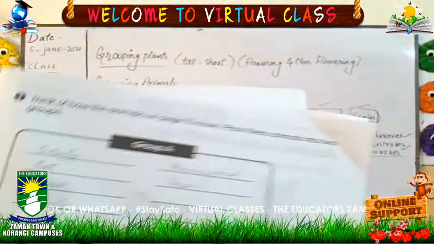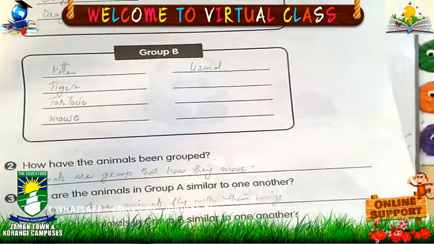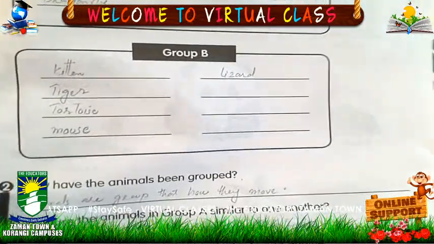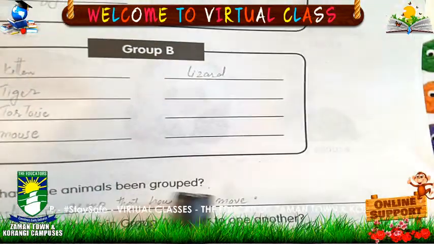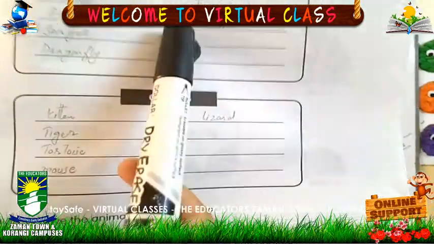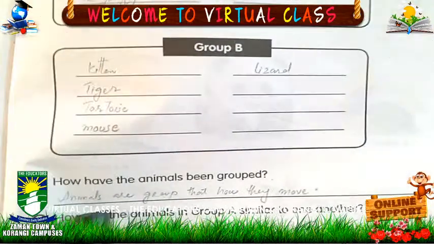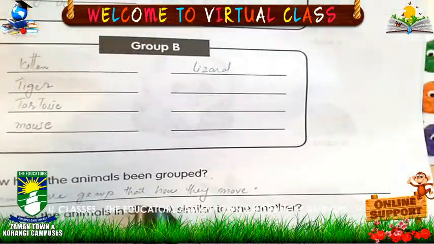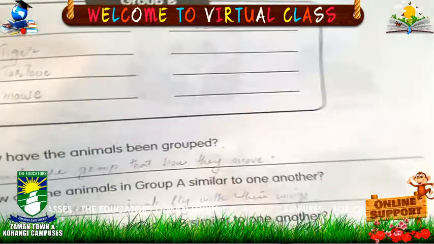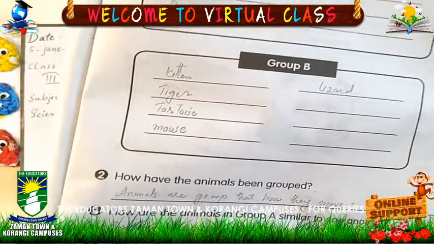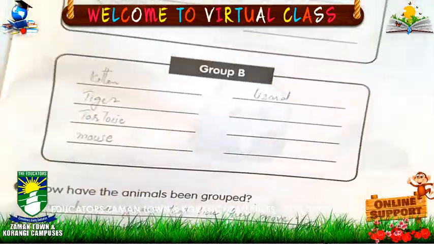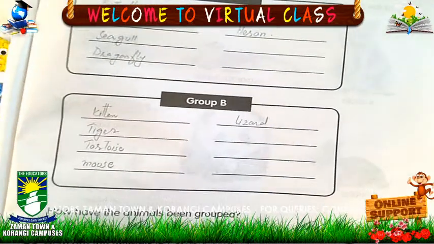Okay. Now you also have to answer the following questions. Number 2 is, how have the animals been grouped? How do we make a group for these animals according to their movement? They are grouped by how they move. Number 3, how are the animals in group A similar to one another?